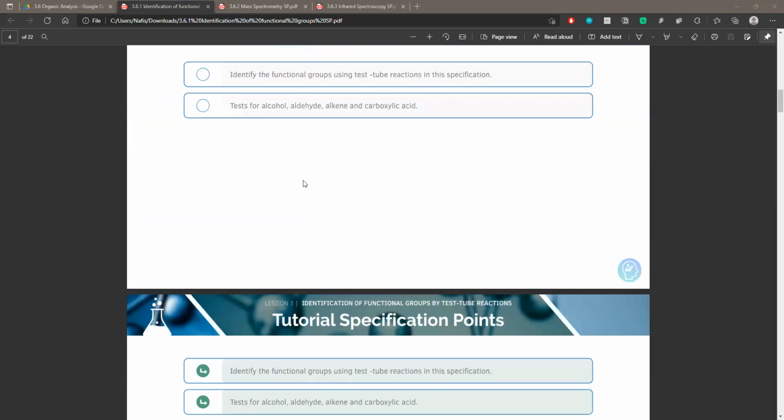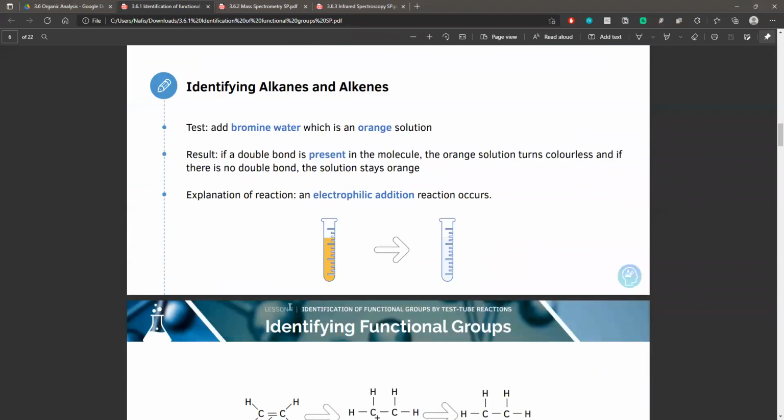So you need to know the test for alcohol, aldehyde, alkene, and carboxylic acid. These main three you probably all should be quite familiar with. So identifying alkanes versus alkenes: this one is the very famous bromine water.